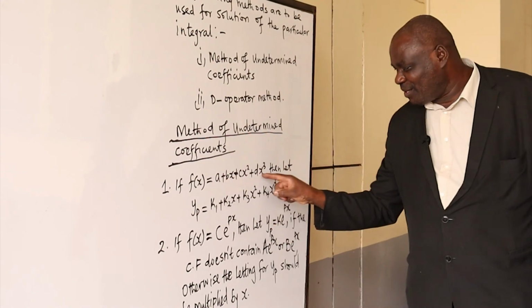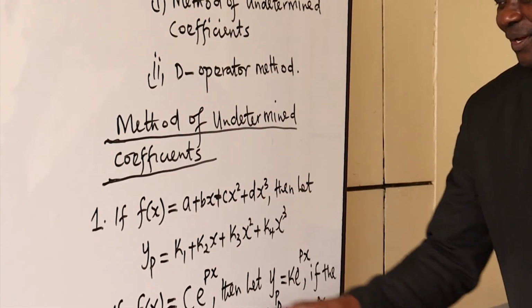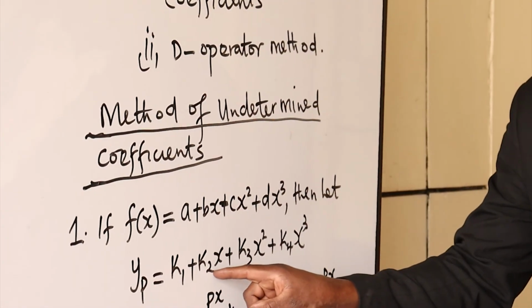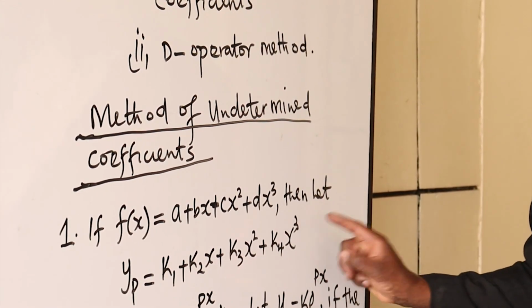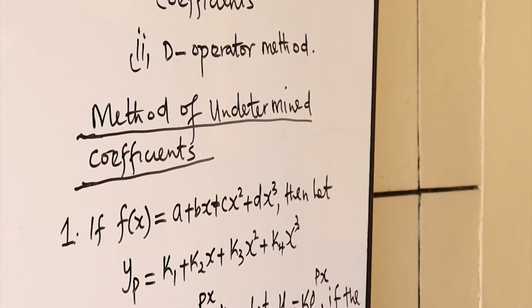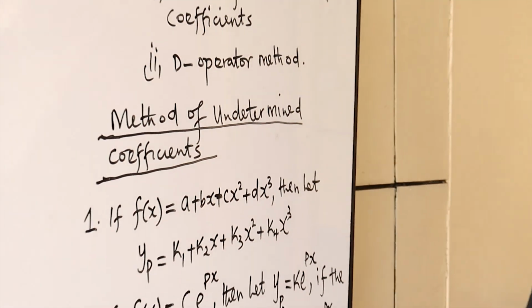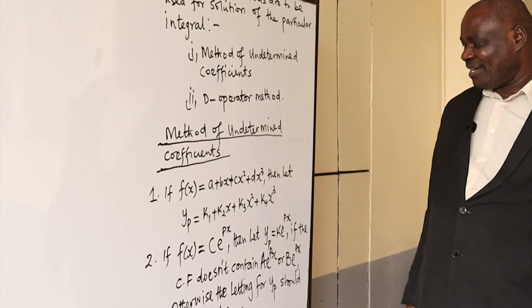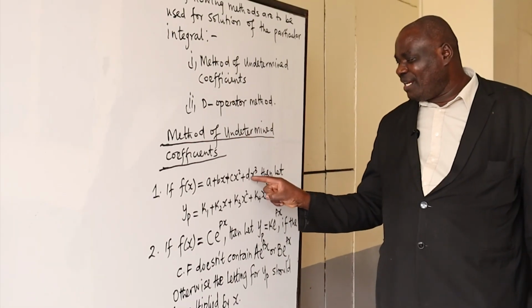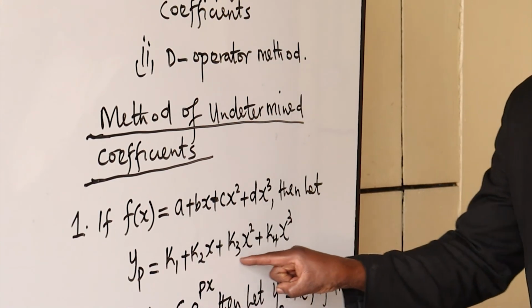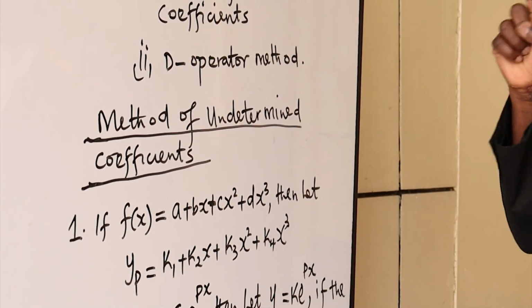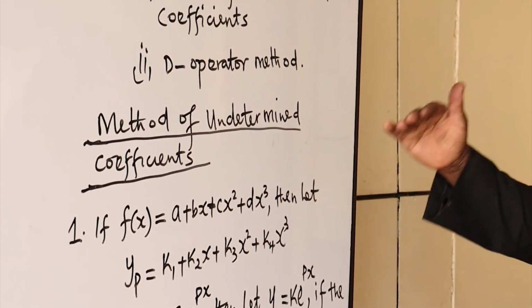Like in this format, because we are ending at x cubed, our letting will be k1 plus k2x plus k3x squared plus k4x cubed. That is, we only check the highest power when we are dealing with a polynomial. Even if there was only one term multiplying x cubed, the letting will be the same as this.